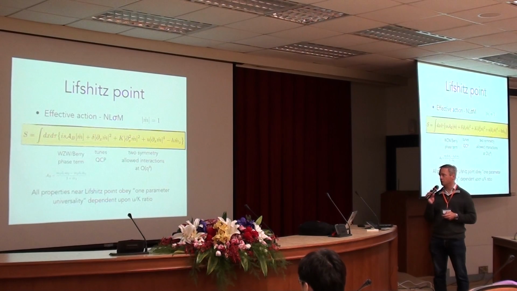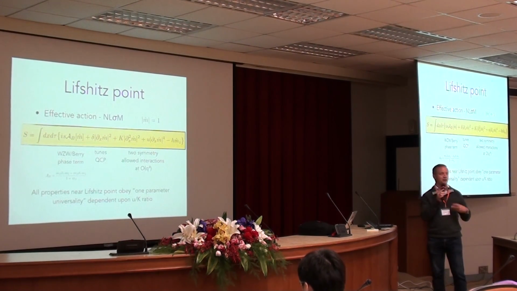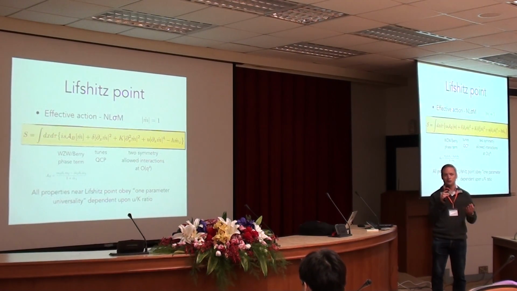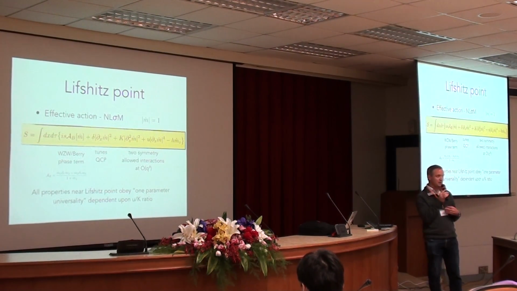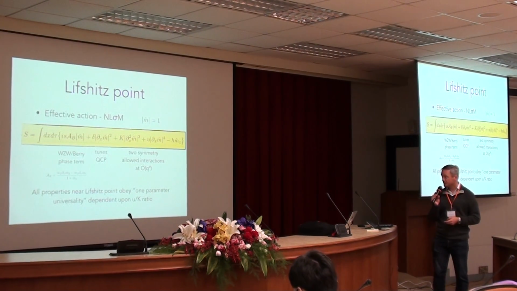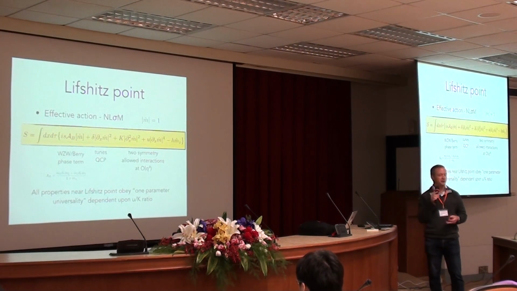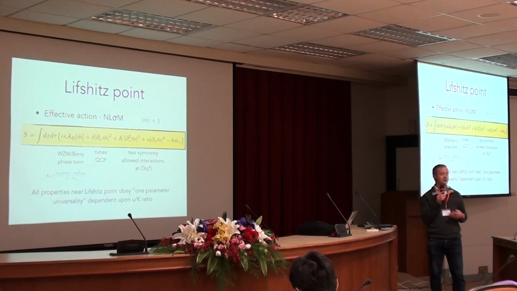Well, what else do we know? Well, we know we should have the right kind of dynamics for this theory that would describe properly the ferromagnetic magnons in the ferromagnetic state, which in a Heisenberg model have a k-squared dispersion like that of a free particle. The way that's described in a field theory is by what's called the Berry phase term. So when we write a field theory, what we're really doing is we're writing a partition function as a path integral over coherent state fields for this ferromagnet.